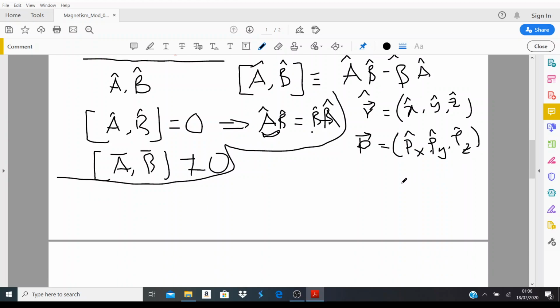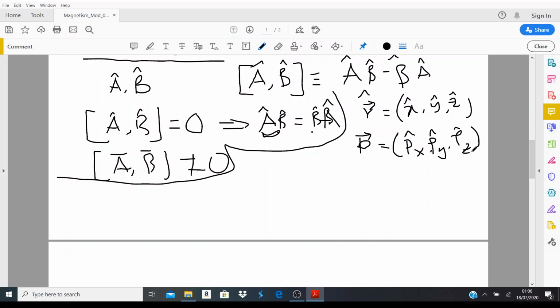Now let me give you the commutation relations of R and P. One thing to note is that X with Px, Y with Py, Z with Pz are known as canonical pairs, for reasons that originated in classical mechanics.